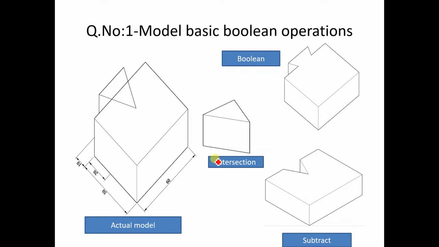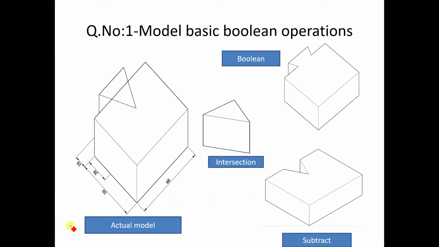If you use intersect, then the area which is common to both, only that volume we will get. And subtract: we subtract the smaller one from the bigger one, so the smaller one is removed.